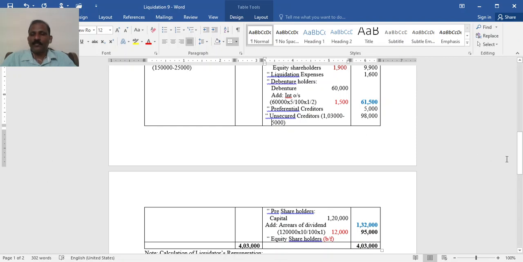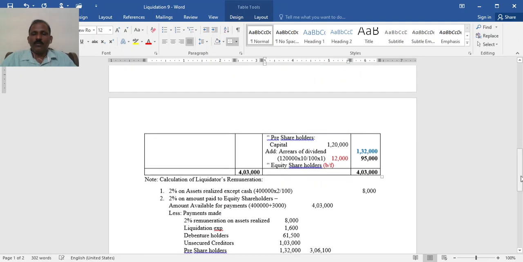Then you have to keep calculating whether there is a surplus. Yes, there is surplus left, and now pay to preference shareholders.